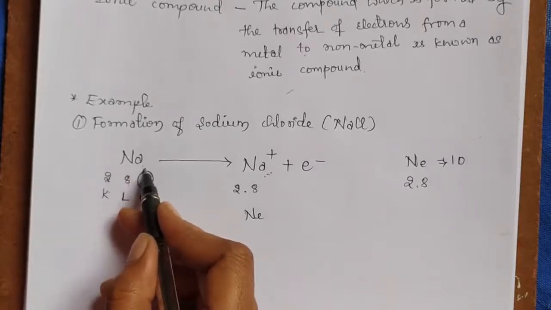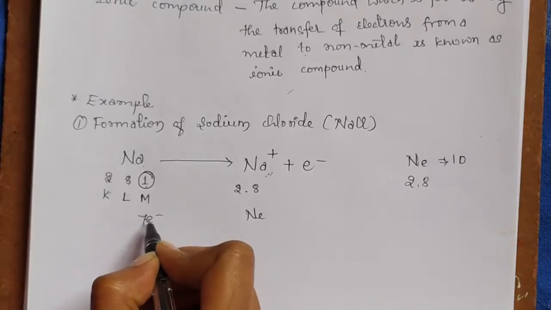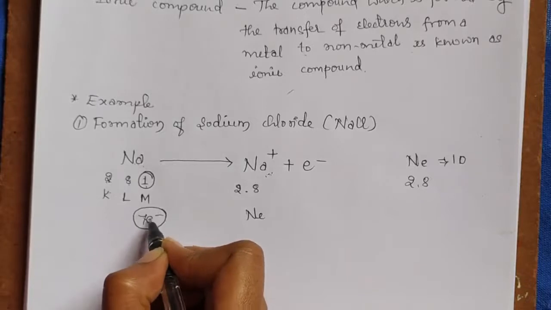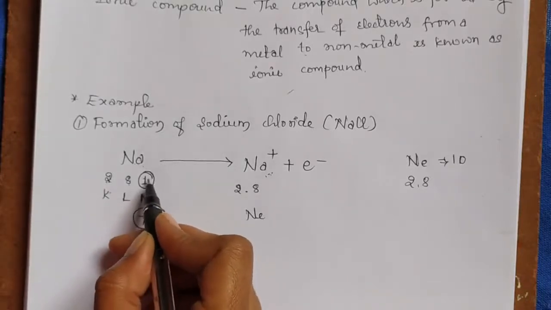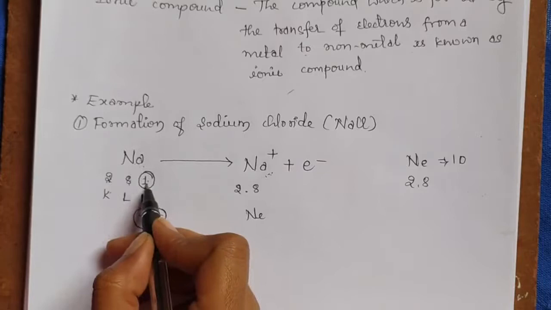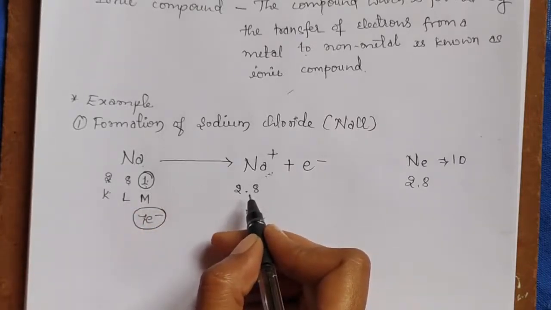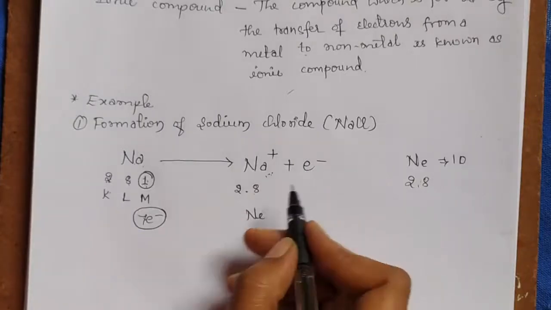To attain this stability, this sodium atom would have to gain 7 electrons. But gaining 7 electrons is more difficult than losing 1 electron. This sodium can lose 1 electron more easily than gaining 7 electrons. So on losing 1 electron, it attains the stable noble gas electronic configuration of neon, 2,8.